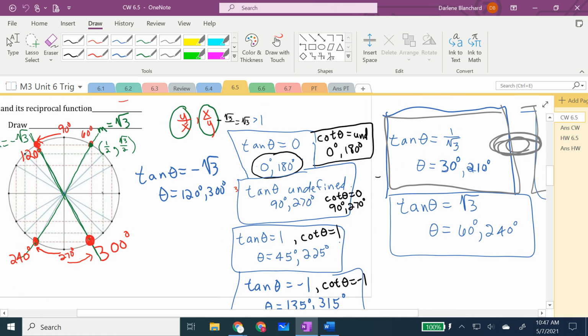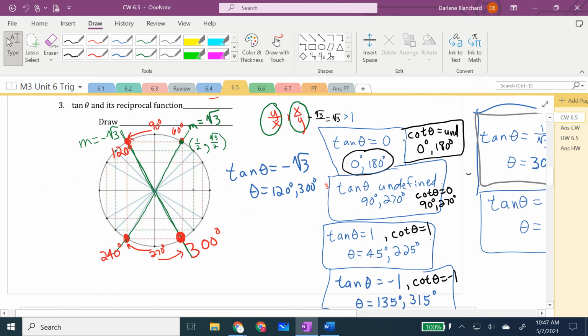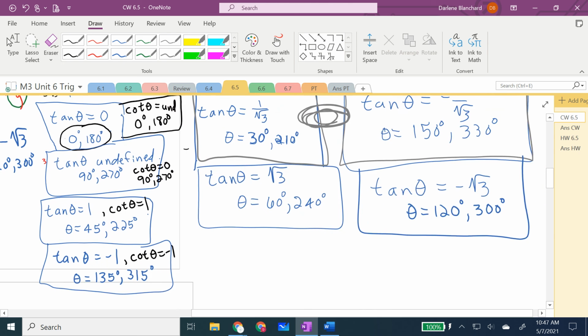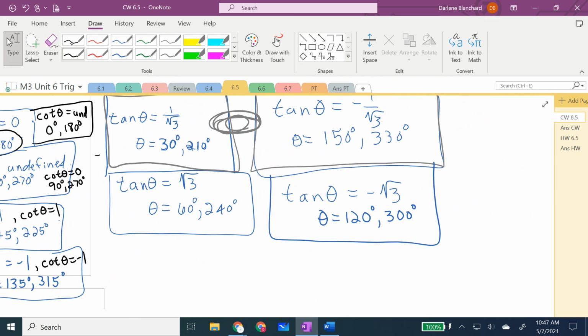When you are less steep than a 1 slope, you are dealing with either a positive 1 over root 3 slope or a negative 1 over root 3 slope. And that takes you to particular angles. If you're dealing with a slope that is steeper than a 45-degree angle, you're having a slope that is either root 3 or negative root 3, and that also takes you to particular angles.